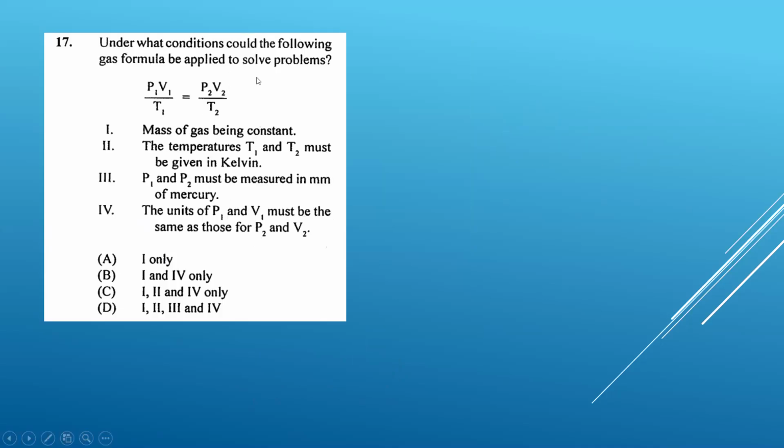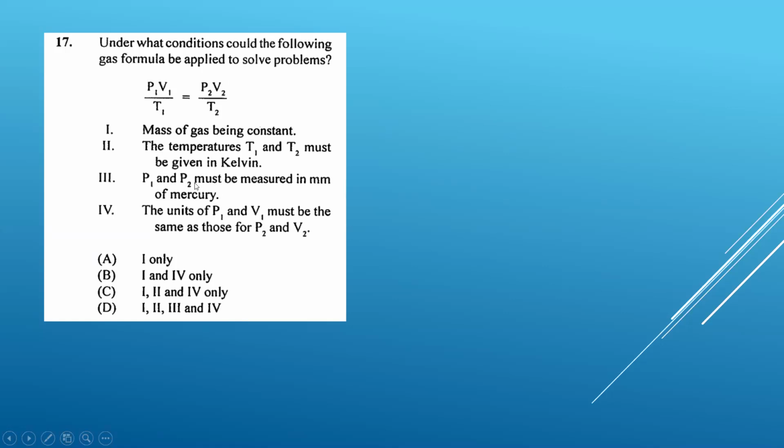Number 17, this applies to the general gas equation, where all three variables, pressure, volume, and temperature, change. And for the gas laws, we know that the mass of the gas must be constant. The temperature must be in Kelvin, so that's correct. P1 and P2 must be measured in millimeters of mercury. This doesn't have to be so.